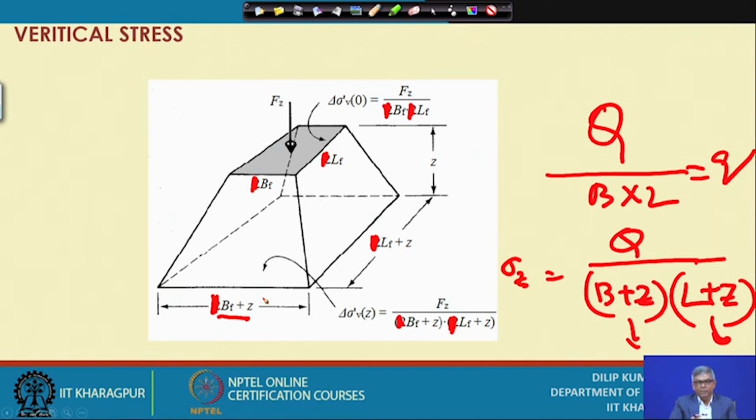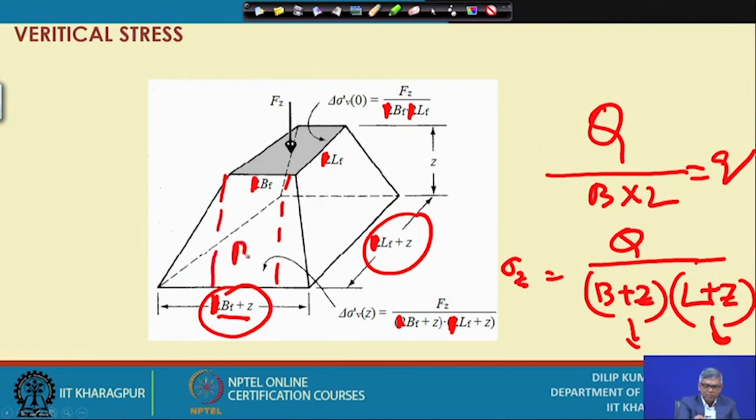As I have mentioned, one vertical and N horizontal is a very generalized way, but the most common dispersion we consider is 2 vertical, 1 horizontal. If it is done with 2 vertical, 1 horizontal, then at a depth Z your increased width will be B plus Z and the increased length will be L plus Z. If I draw it, this will be B and this will be Z by 2, this will be Z by 2. So this is the way we can find the delta sigma.